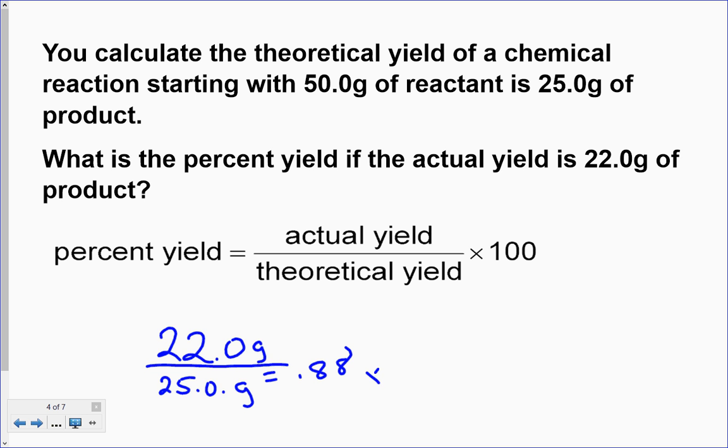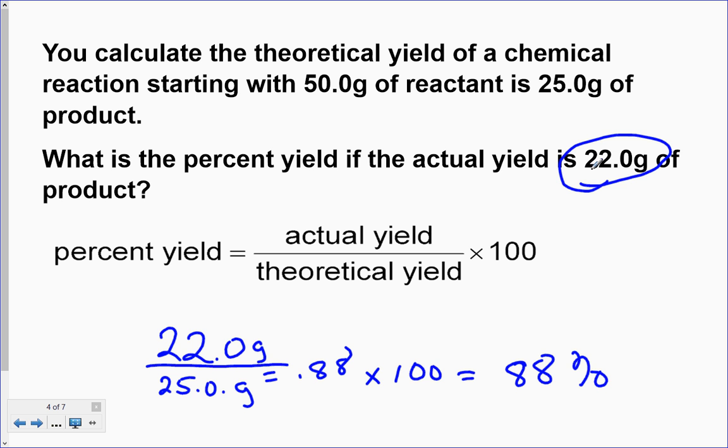And then we multiply that times 100, which gives us 88% as our percent yield for this problem. So that's the basics of percent yield. The problem is that they almost always give us this 22 grams.